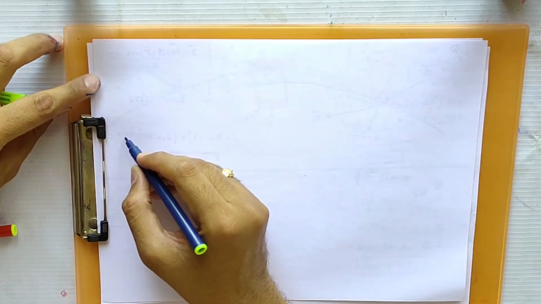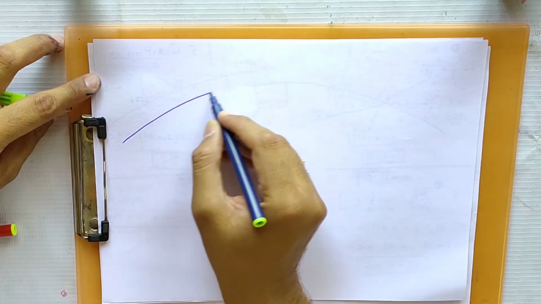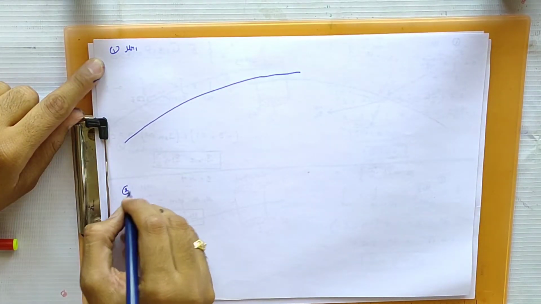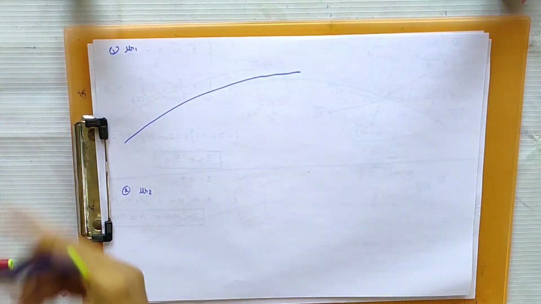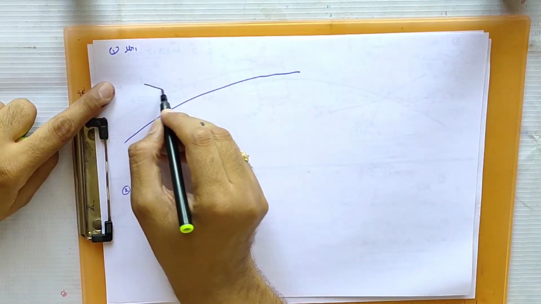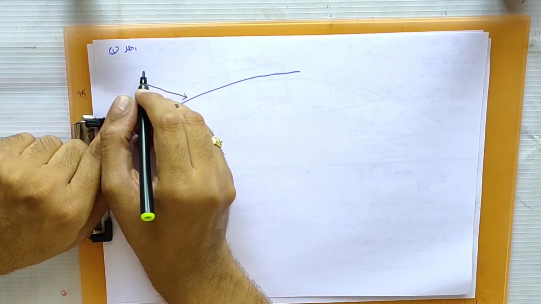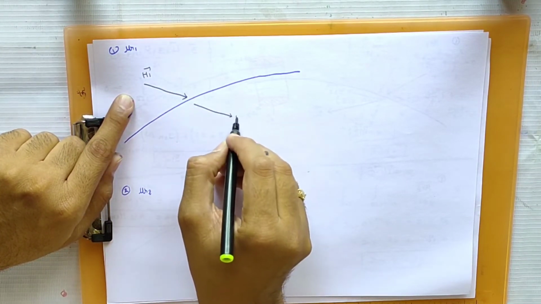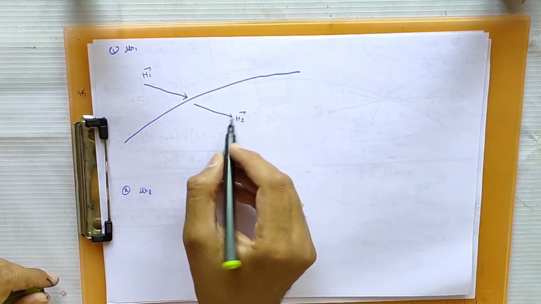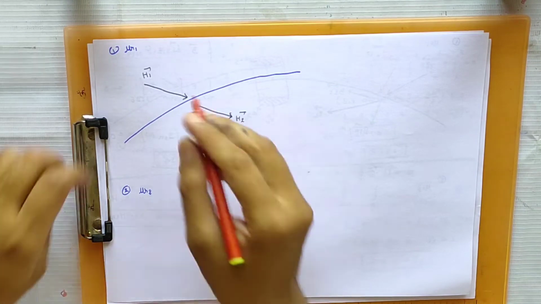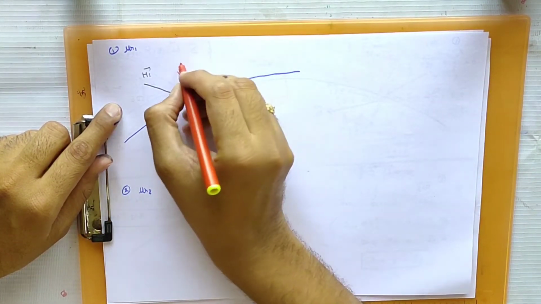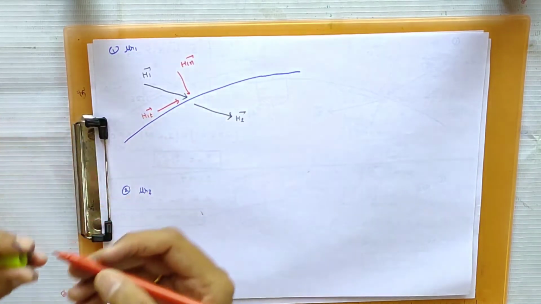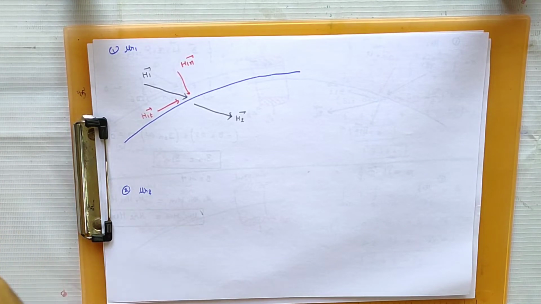Again I will take the boundary: medium 1 with mu r1, medium 2 with mu r2. Now the wave is not B1, it is the H1 vector, and this wave is the H2 vector, the incident wave and the transmitted wave. It has two parts, H1n and H1t.